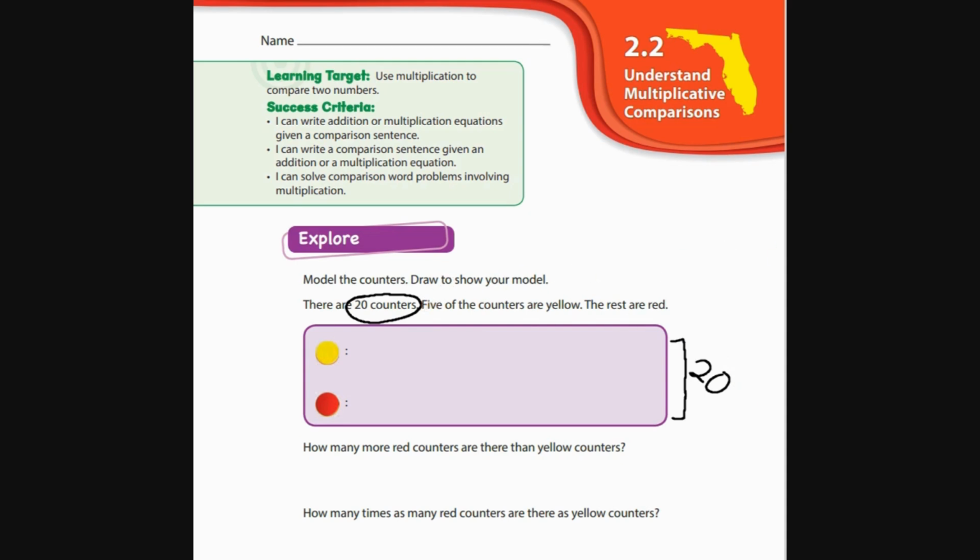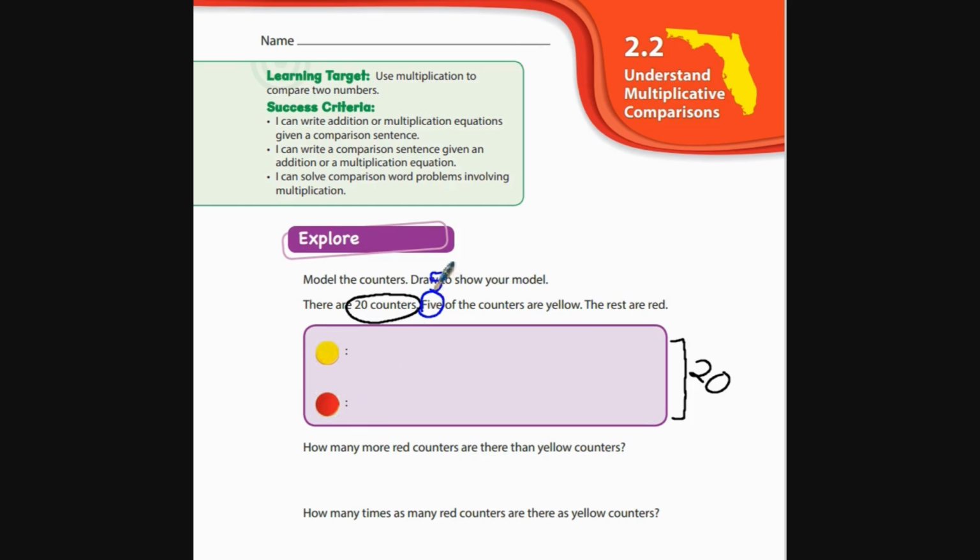Now I'm going to go to the second sentence. It says 5 of the counters are yellow. Well, I know it's not a number, but it's a word. So I still have to circle that word because that word means a number. Sometimes you might have a number, sometimes you have the word for the number, but it's still the number.